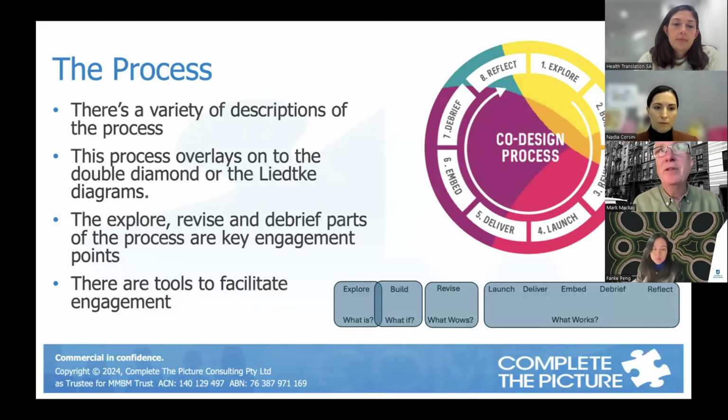Now, does that map to that earlier design thinking? Sure, it does. The what if is the explore build stage. The revise is the what wow stage, and the launch, deliver, embed, debrief, reflect is what works. Okay, they're just slightly different visualizations. So yes, it does overlap. It's just a different way of presenting it.